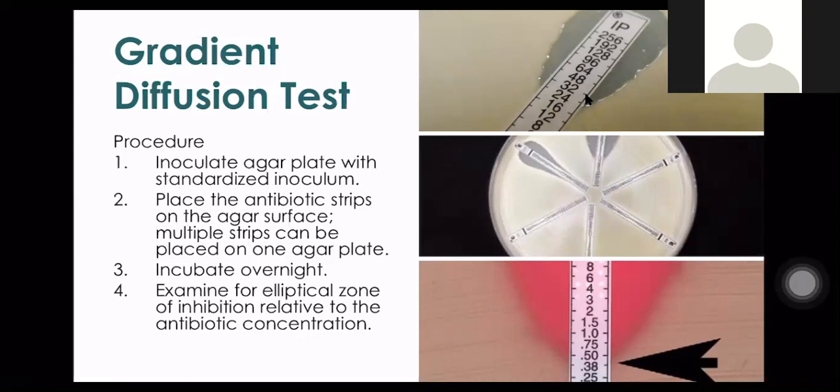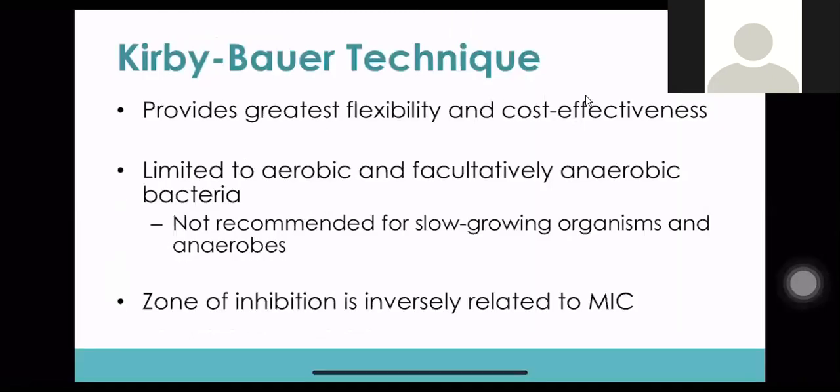Okay, next, the most common method that we use for antimicrobial susceptibility testing is the Kirby-Bauer technique. In a practical or laboratory setting, this is what you will do: the Kirby-Bauer technique setup, or disc agar diffusion test.